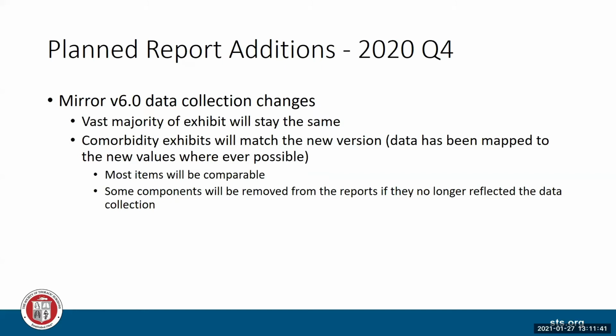And so many of the exhibits around comorbidity, the data has been mapped, they'll still be there. But if some of the data collection is no longer supported in version 6.0, then those exhibits are going to come out of the reports. And like I said, I think this will be a minor change. We'll be working through that over the next month. So, we should have the reports aligned with version 6.0 by this Q4 distribution.